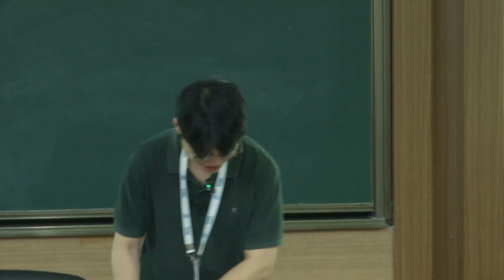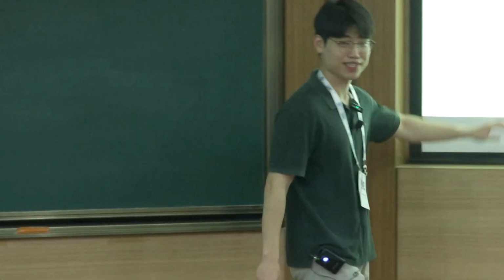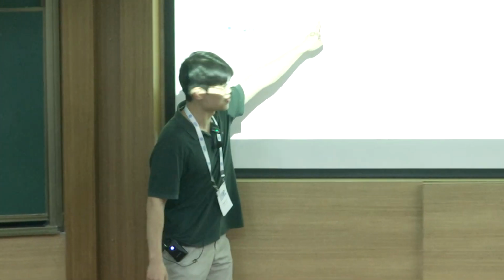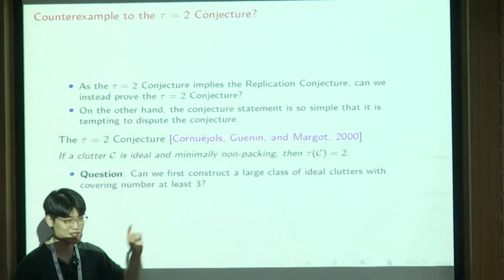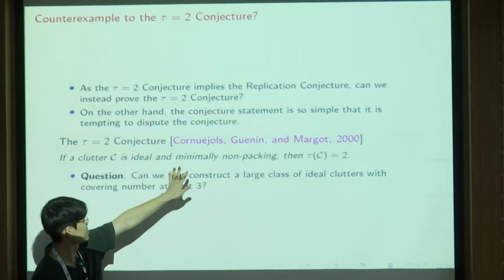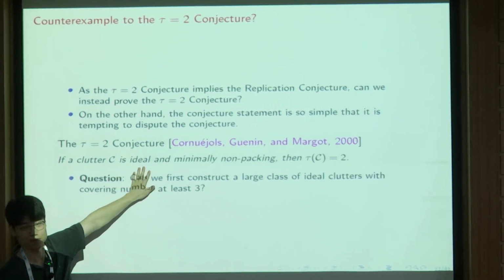Right. So again, I have these properties, idealness and minimally non-packing, and would it be that the covering number is 2? So the question is, can we construct ideal clutters? Let me forget about the property of minimally non-packing. Let's focus on the ideal part.